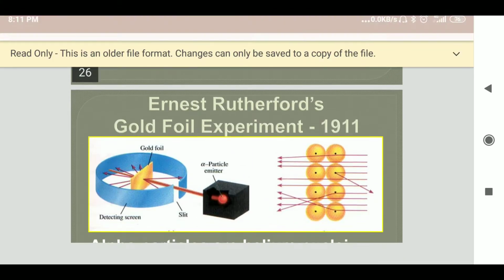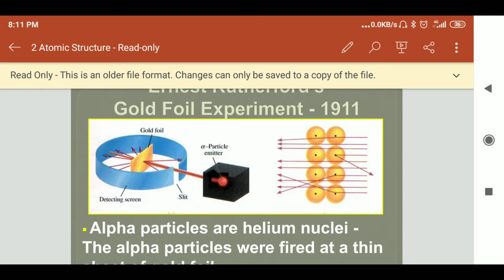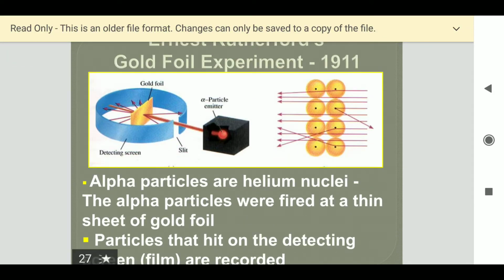Later on, Ernest Rutherford carried out the gold foil experiment. In 1911 he performed this experiment, in which he emitted alpha particles to hit the gold foil, and there is a detecting screen as well. These alpha particles are helium nuclei.